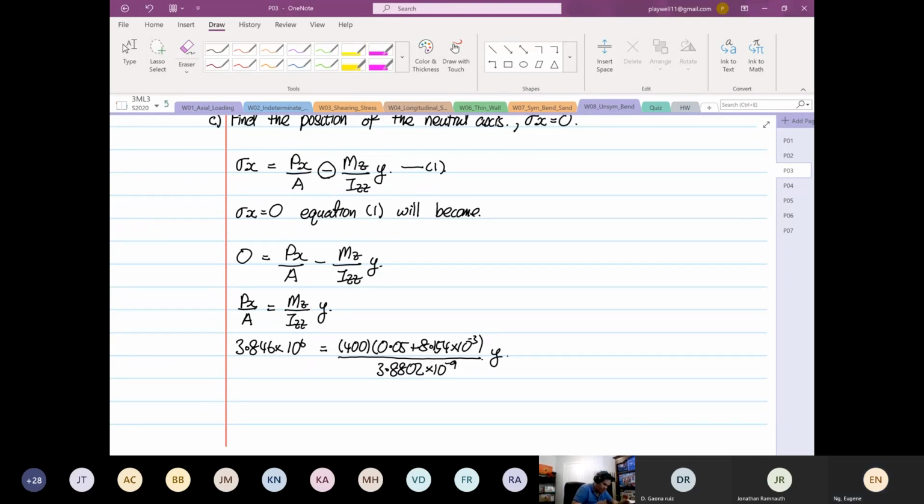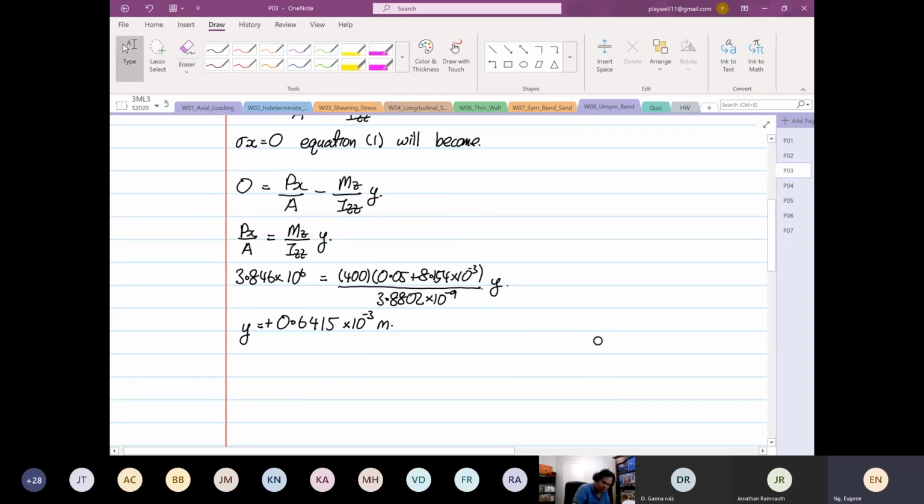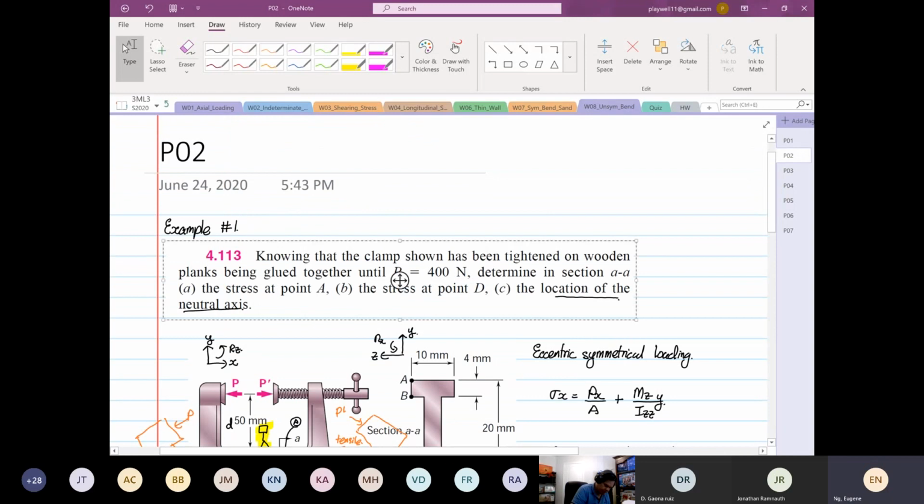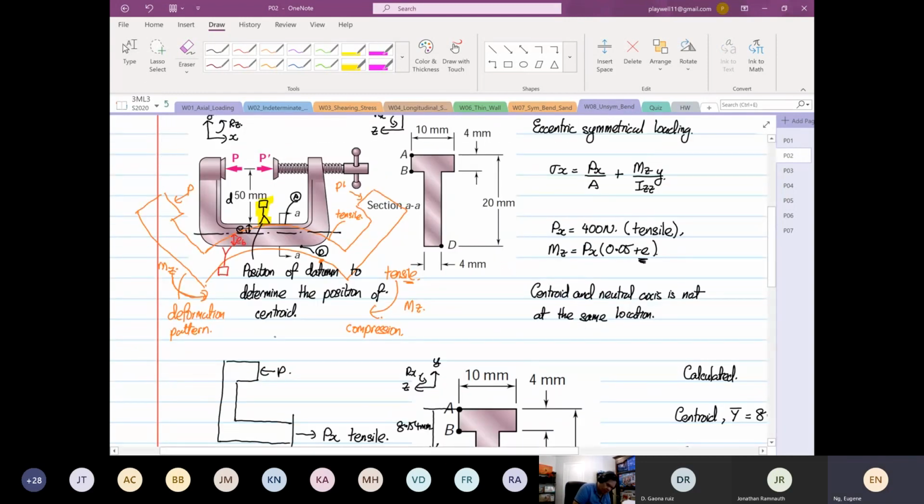My Y is equal to 0.6415 times 10 to the power minus 3 meter. Okay, so we realize that Y is positive down here. So when Y is positive, if you come back over here, this is the position of the center of curvature, right?